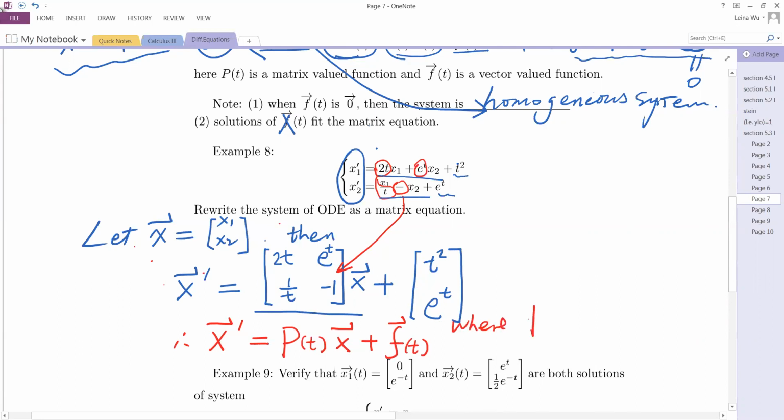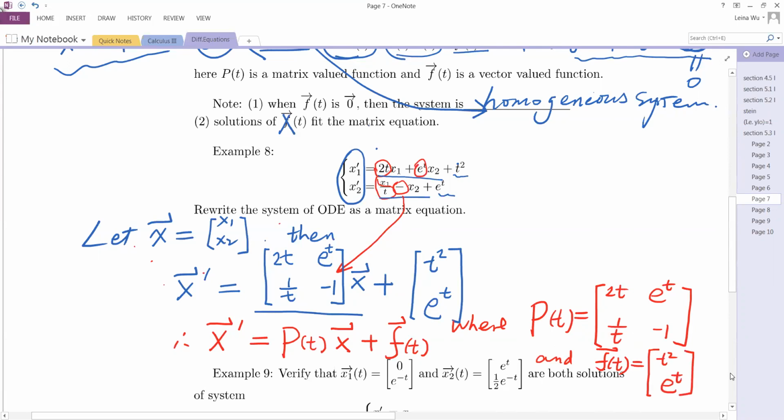Where P will be the coefficient matrix, 2t, e to the t, 1 over t, -1, and f of t will be a vector containing t squared, e to the t. Good so far, guys?